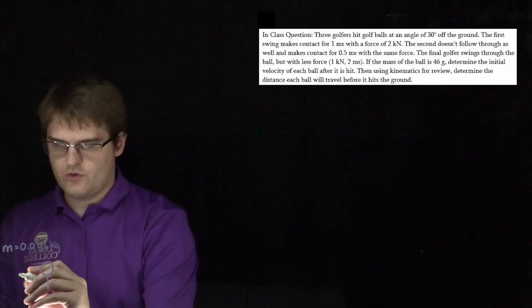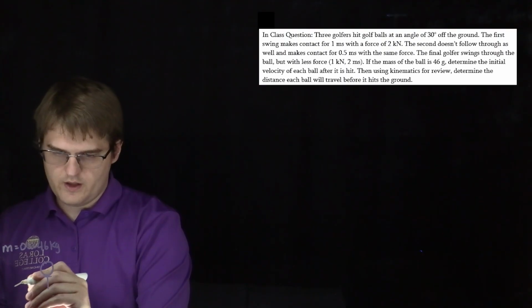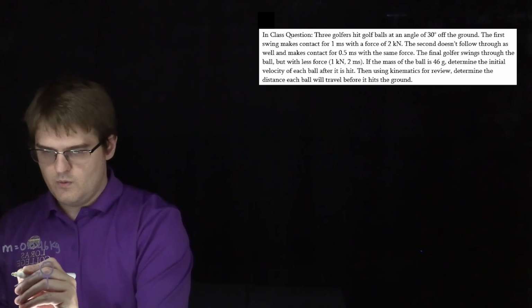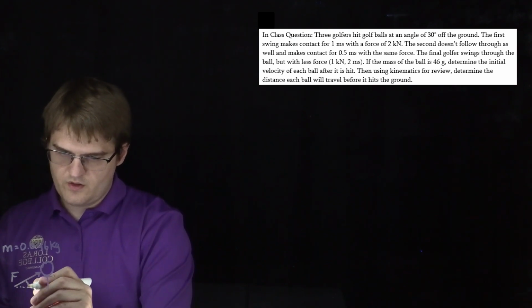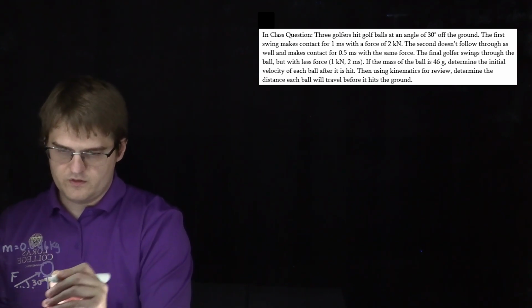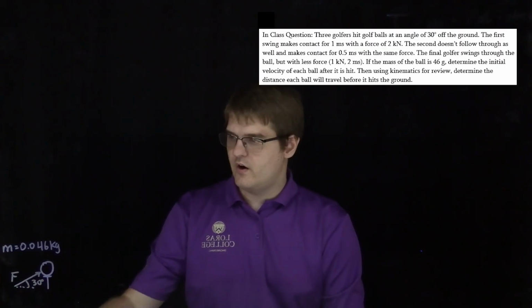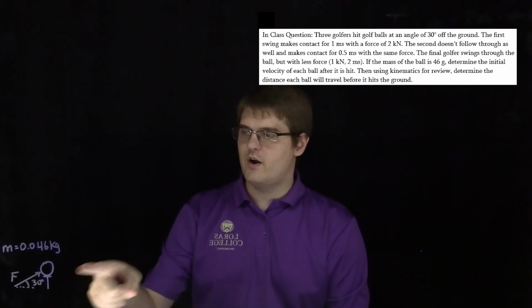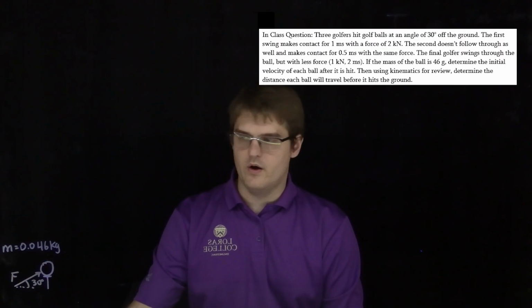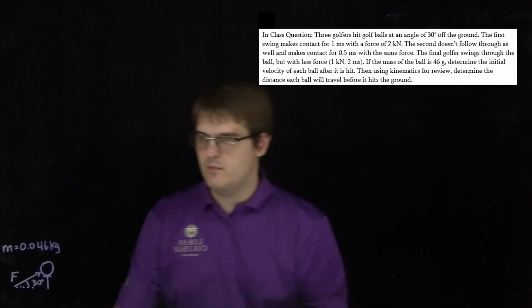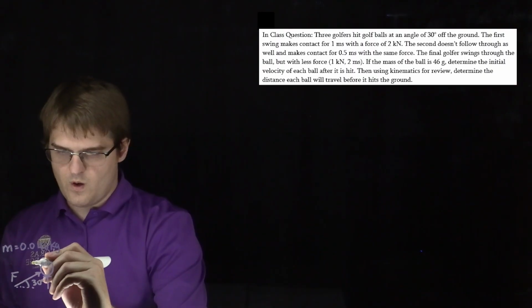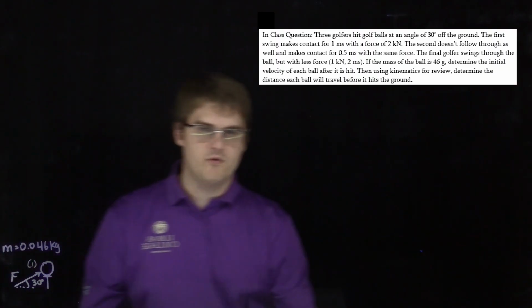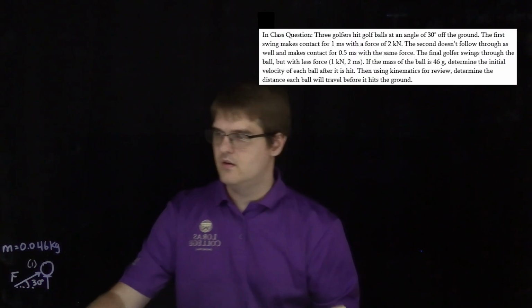And we have three different golfers, but they're all hitting the golf ball with some force at an angle of 30 degrees. What they're going to vary is that force, and how long they're in contact with the ball. For each of them, time 1 is right before the ball gets hit.